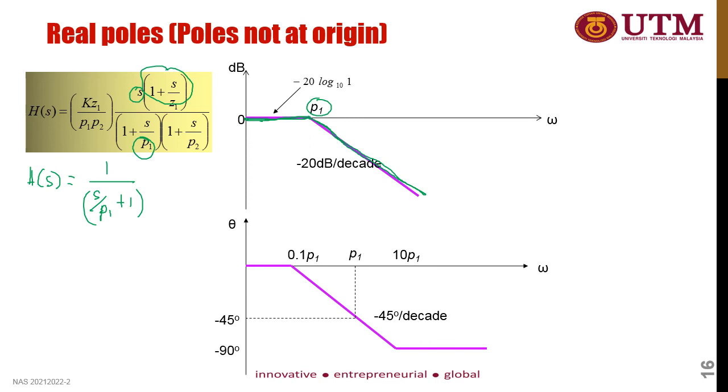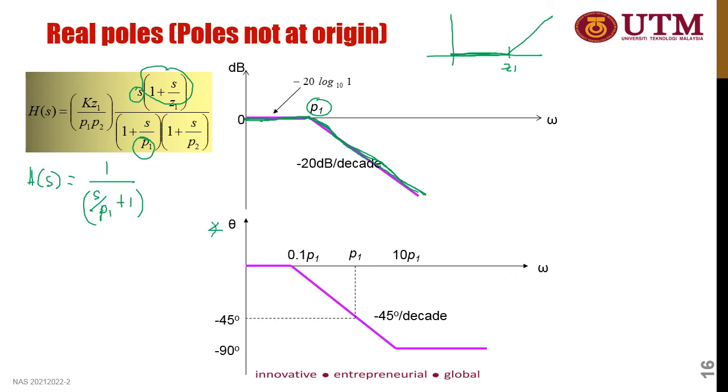If in zeros just now you had Z1, it will be 0 until Z1 and then increment by 20 dB per decade. But for poles, you have 0 from 0 up to P1 and then a decrementing line from P1 onwards by 20 dB per decade.